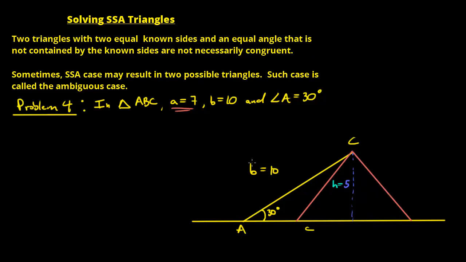also a is greater than b. So in the case that b is greater than a, rather. So in the case that, we should say in the case that angle A is acute, so we should say that if angle A is acute and a is, well, let's write an inequality chain actually.